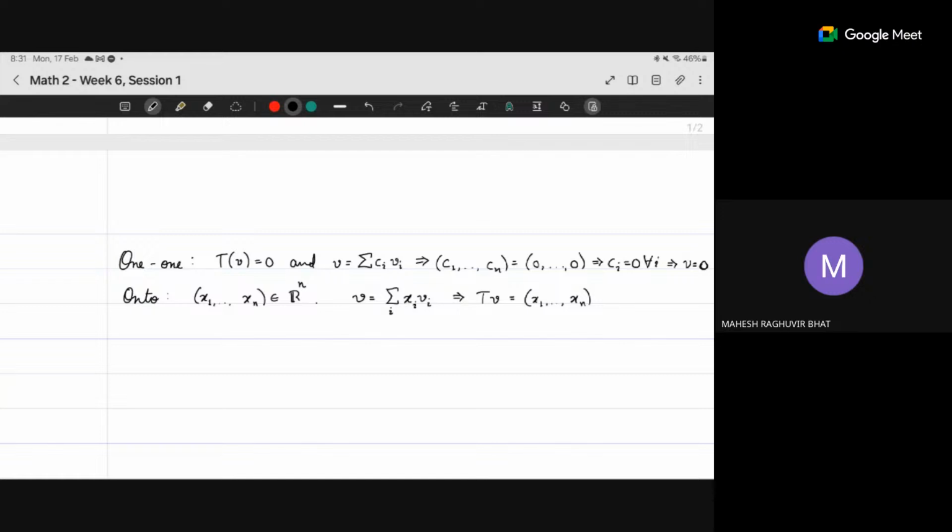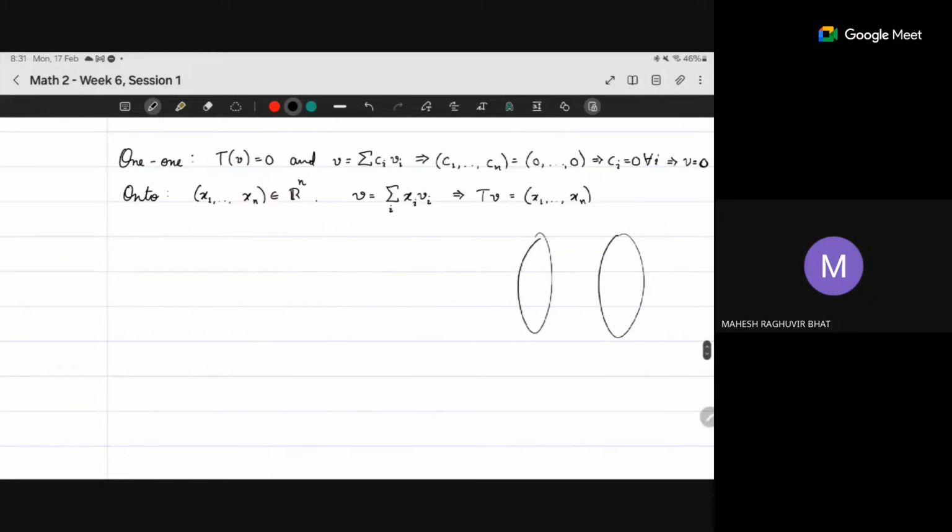Okay, now for onto we are taking a different consideration. So what do you do when you do 1-1 and onto? You have a function typically mapping some element to some element between two spaces, right? If you want to say that something is 1-1, the fundamental for functions without any linearity property, you have to say that two elements don't go to the same element. So you can't have something like this.